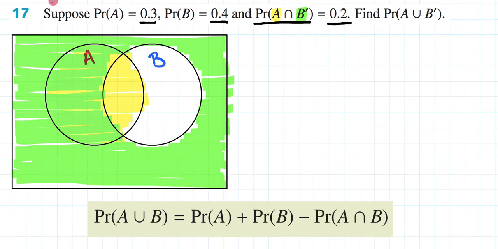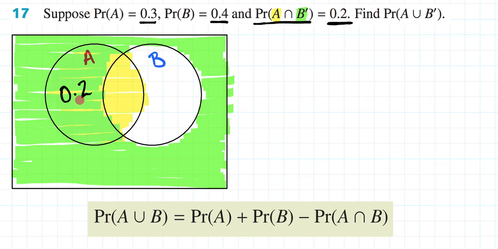Okay, we did it. Now, where is the intersection of A with the complement of B? Hopefully you can see it's the A only area. It doesn't include the intersection point, and we know it's going to be 0.2. So I could put in that the probability of only getting A is 0.2.